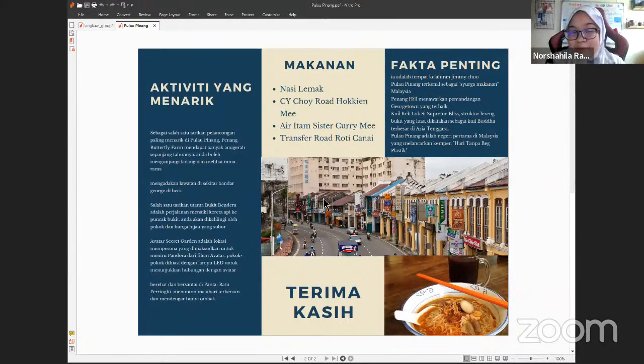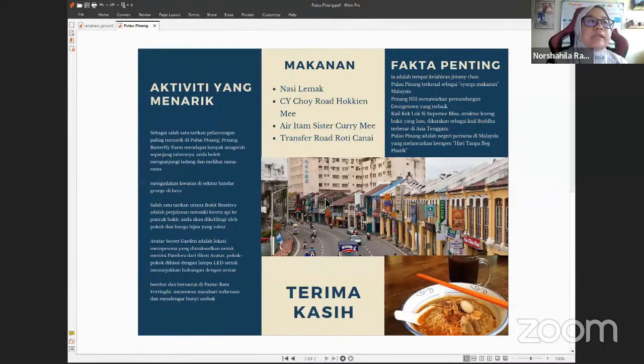For example, Pulau Langkawi. If you want to cover a part of Langkawi, Langkawi actually has around 100 small islands. Langkawi is an island, but around Langkawi there are around 100 small islands. So you can cover maybe one of the famous islands, Pulau Dayang Bunting.